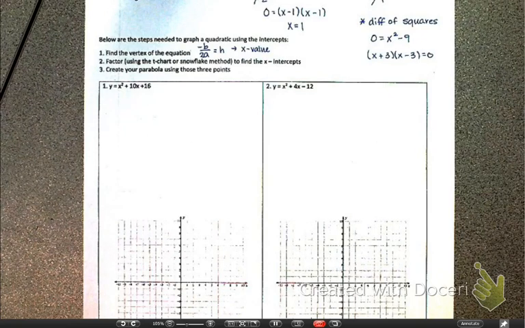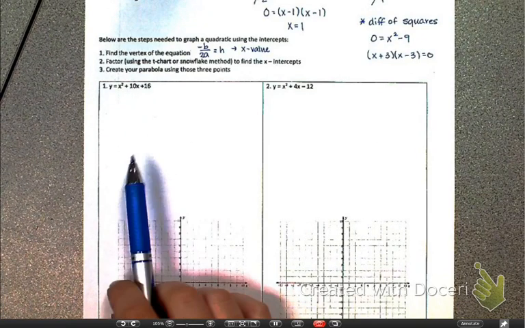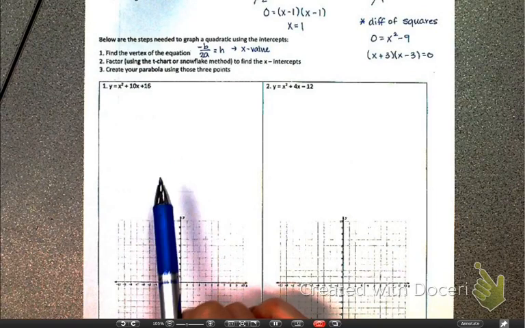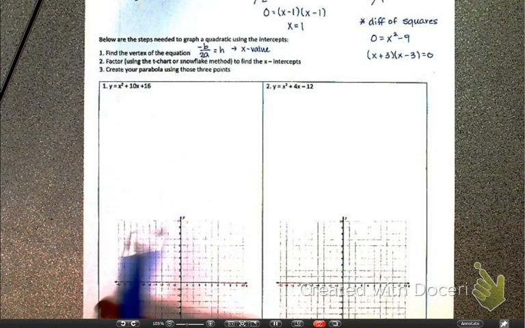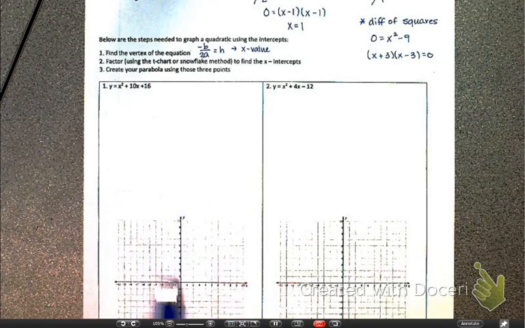The reason I show you a table of values is because not all equations are factorable. And I probably won't force you to do one or the other when it comes to standard form. So if you really like to factor and want to solve that way, that's fine. If you prefer to use a table of values, then I'm okay with that as well. But for today, we're just going to practice the factoring and finding the x-intercepts.